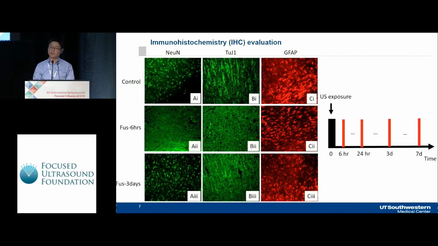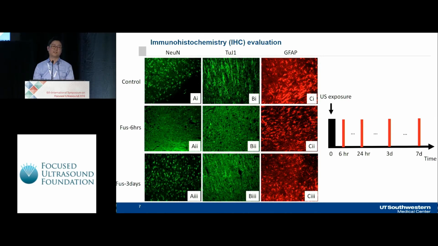And more interestingly, 3 days after the focused ultrasound exposure with nanobubbles, those proteins are recovering. So this might suggest the neurons might experience a transient reaction to the ultrasound exposures with nanobubbles. But the underlying mechanism is still underway.